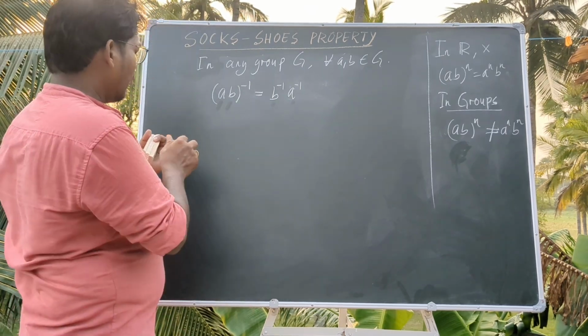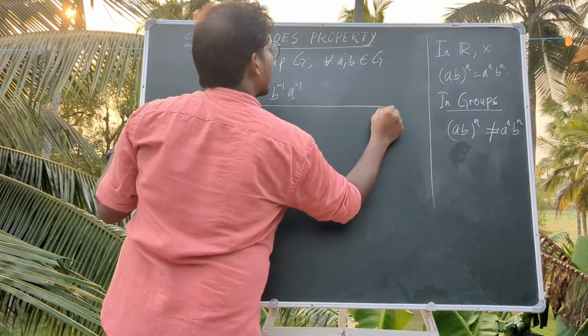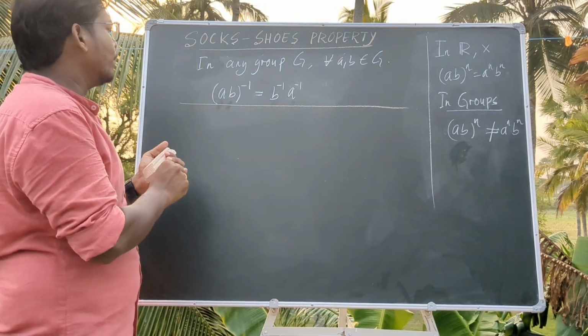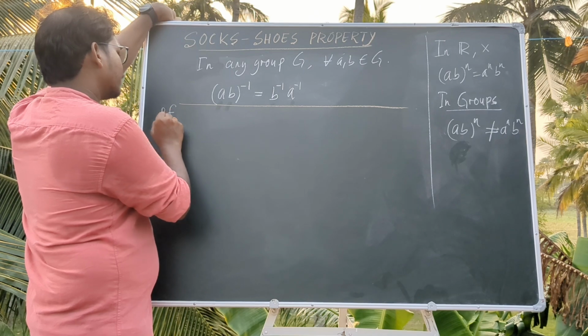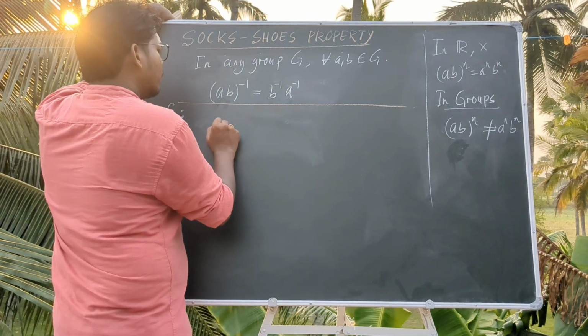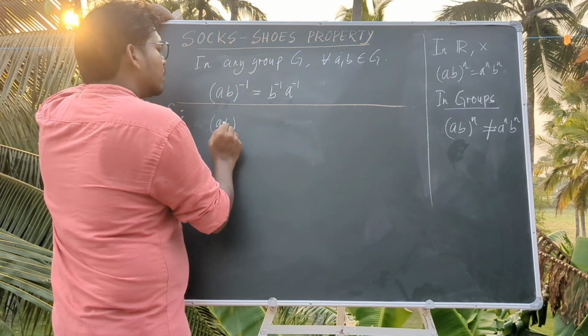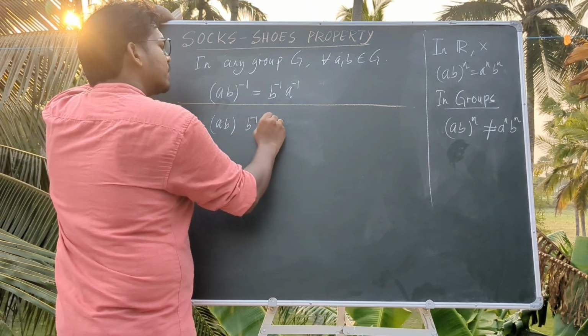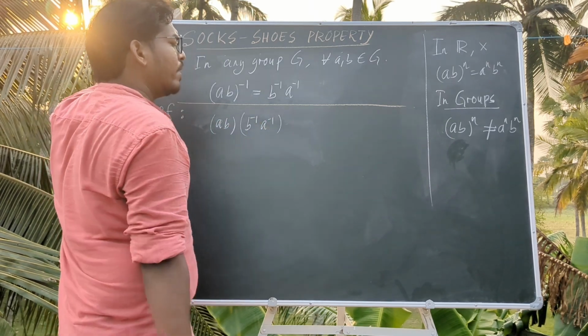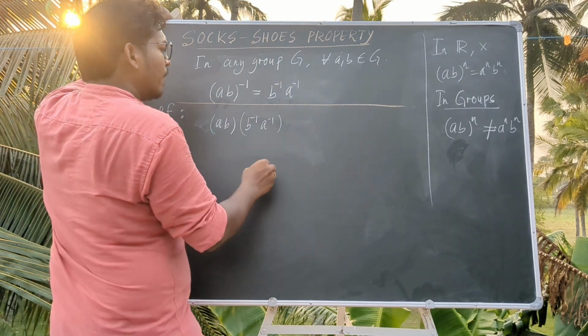And now we'll try to prove this little theorem. Proving this theorem is very easy. We'll first multiply this one with ab and check whether we find the identity or not.